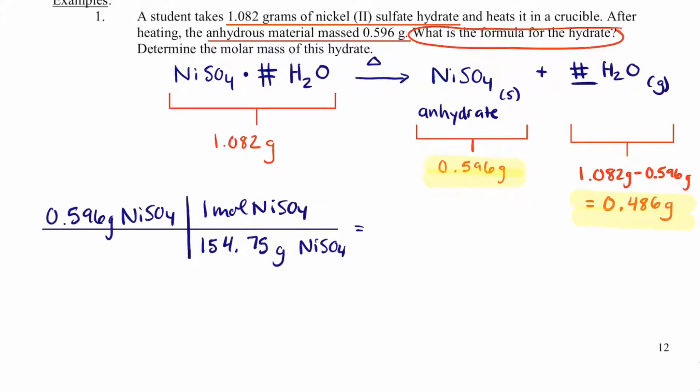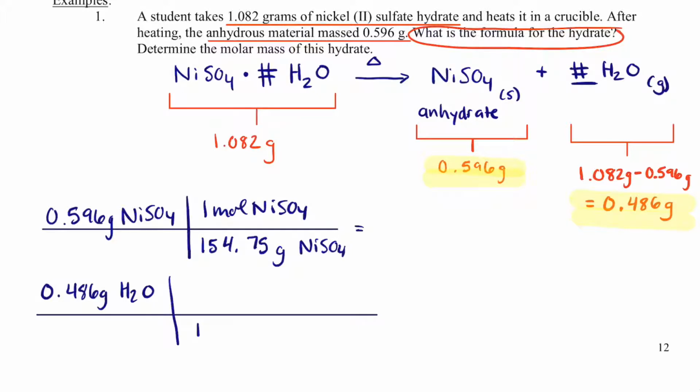That equals a number, and I'll plug that into my calculator in just a minute. And then 0.486 grams of water, and I know the molar mass of water, that's one that we see commonly. Water is 18.02 grams in every 1 mole of water.